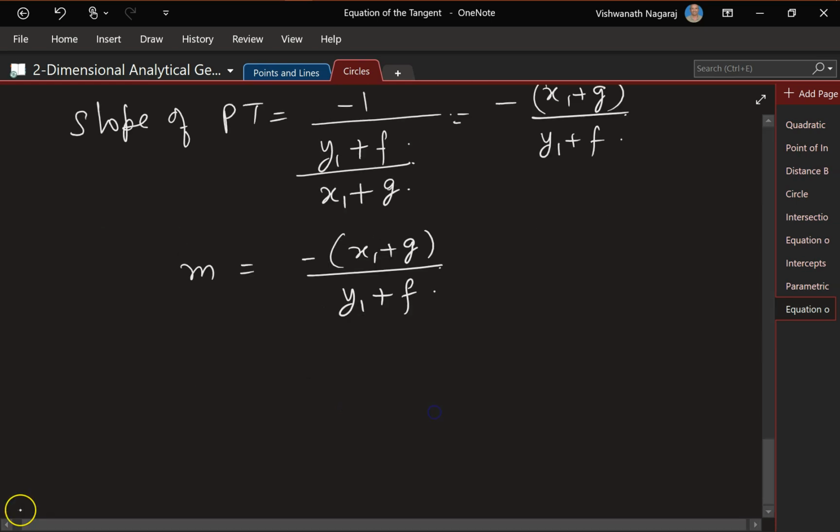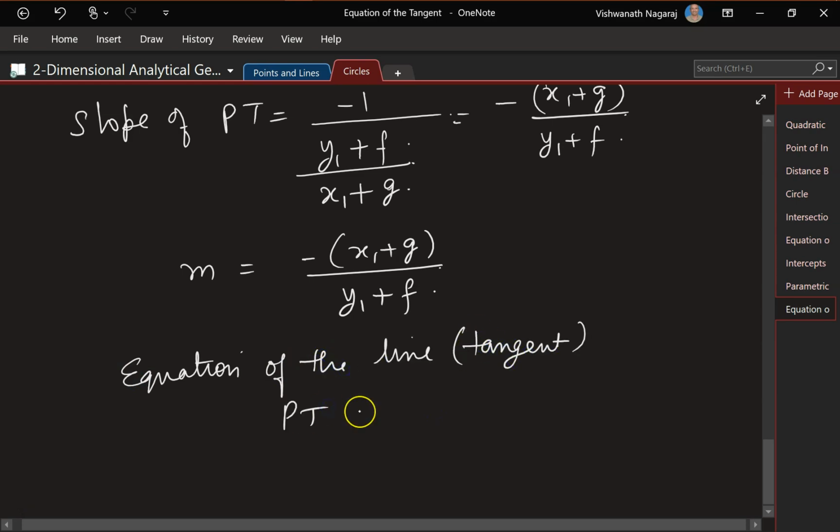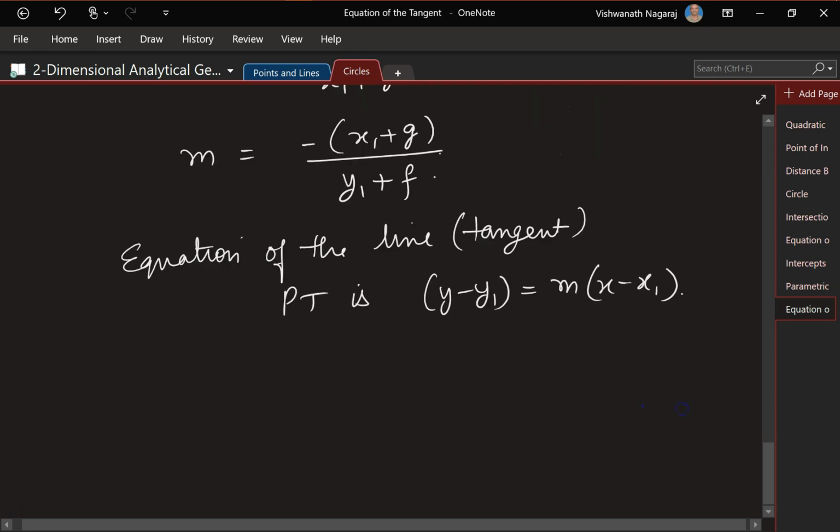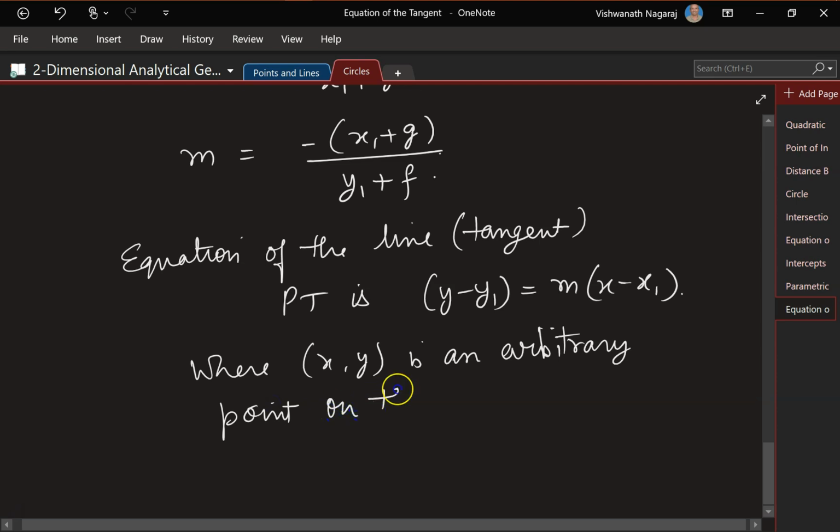Okay. Now, equation of the line which is the tangent PT is y minus y1, equation of the line, is equal to slope times x minus x1, where x comma y is an arbitrary point on the tangent line.